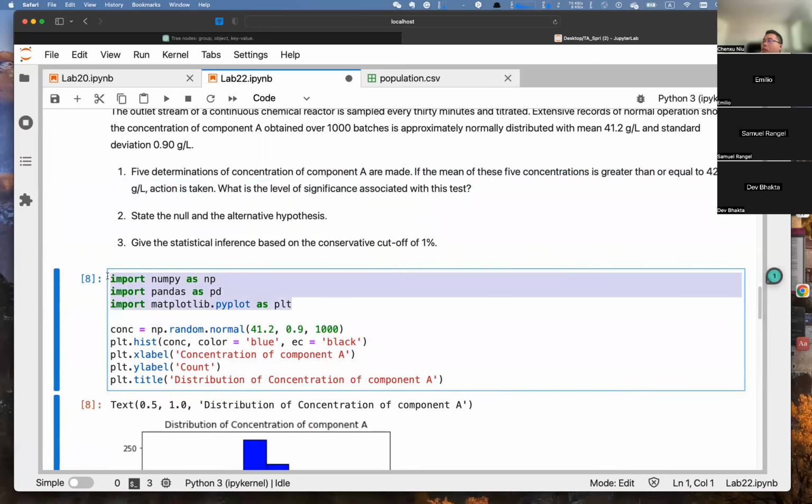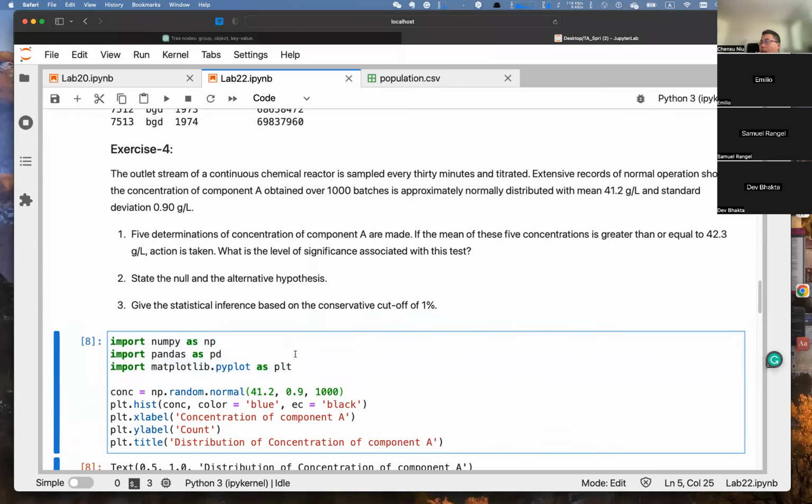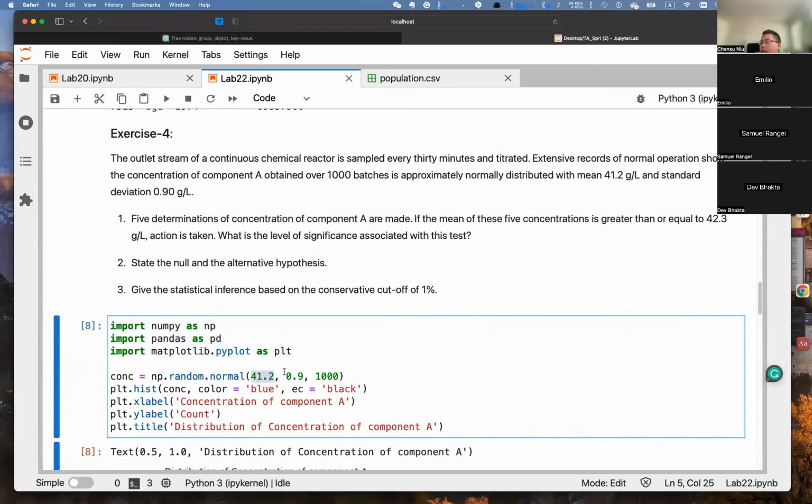So we need to import NumPy, pandas, matplotlib, right? Always be the first cell, right? And you can use numpy.normal to create a normal distribution. And the arguments would be the mean value, standard deviation, and the batches or the number of the experiments, right?